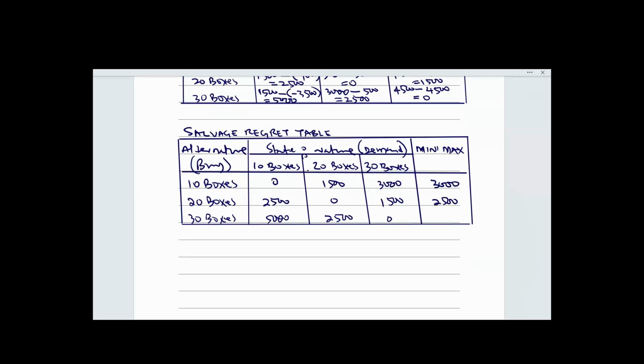And in the third row, highest value is 5,000. To make a decision, you now select the minimum of the maximum value. Therefore, 2,500 is the minimum of the maximum. Hence, the company should buy 20 boxes of apple.